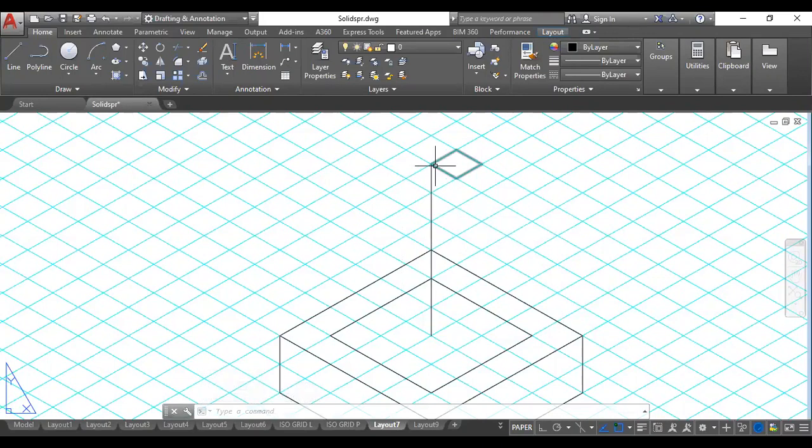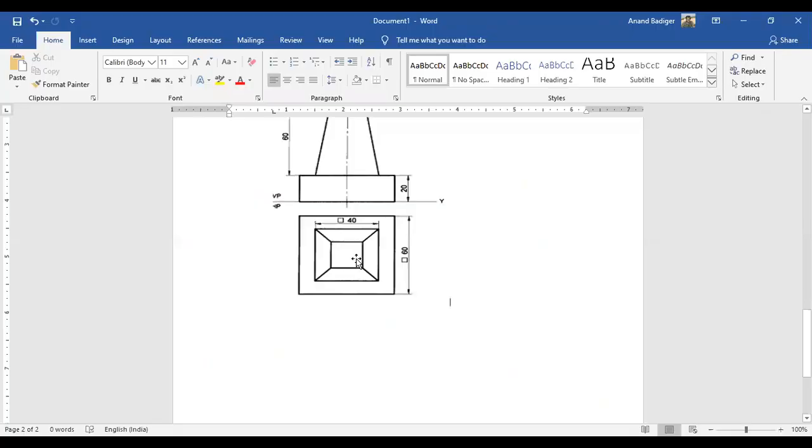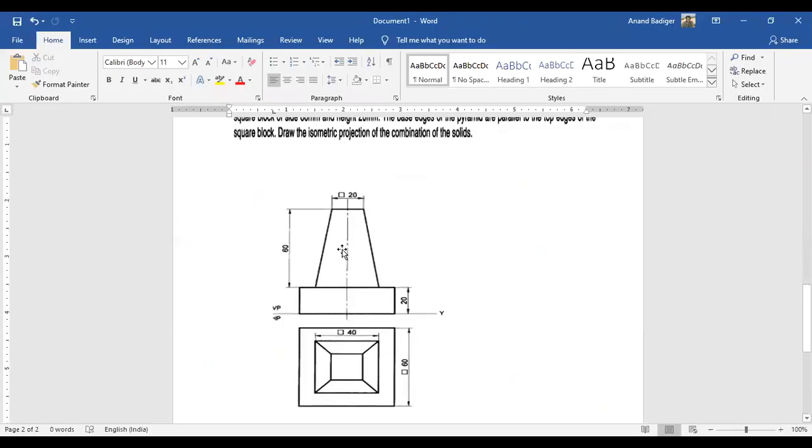Now when this is the axis, this becomes the center for the box of 20 by 20. If you look into this question here again, in the top view, the bottom is 40 by 40, which I have drawn now. The top is 20 by 20, which is shown in the front view. This is 20, and the height of the frustum of the square pyramid is 60.